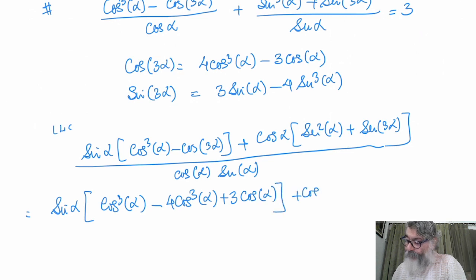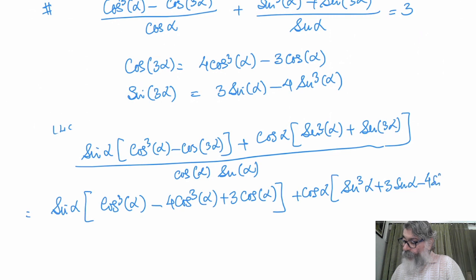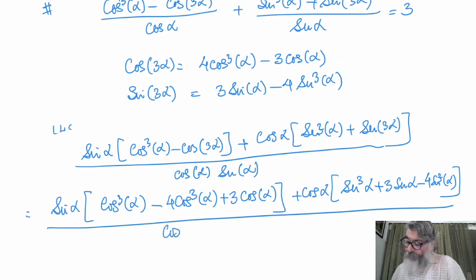Cos alpha into sin cube alpha plus sin 3 alpha, which is 3 sin alpha minus 4 sin cube alpha, upon cos alpha sin alpha.